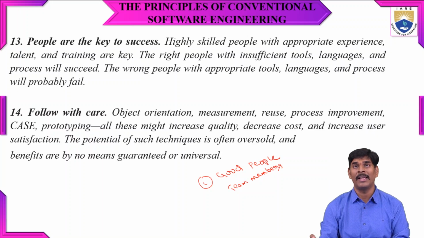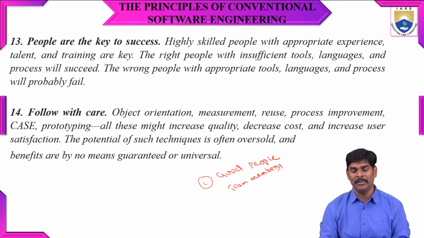That's why we can call them highly skilled people, with appropriate experience, talent, and training being the main key here. So while hiring people, we need to check the talent and give adequate training, so that they will use the sufficient tools in the right manner to succeed in the organization.